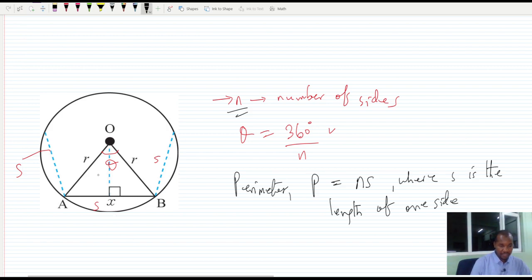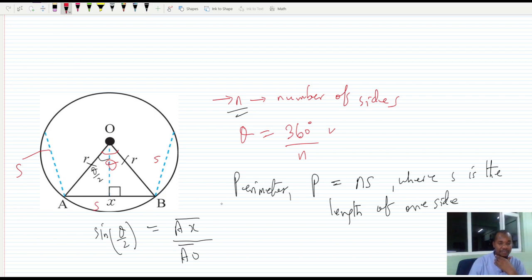So we are going to consider this right-angled triangle, and if I consider this angle theta here, focusing on the right-angled triangle, because this is an isosceles triangle, half of this angle is theta over 2. I'll be saying that sine of theta over 2 is equal to the opposite side, in this case AX over AO.